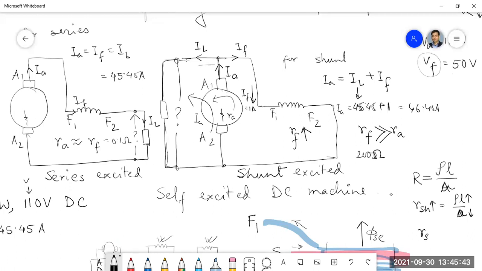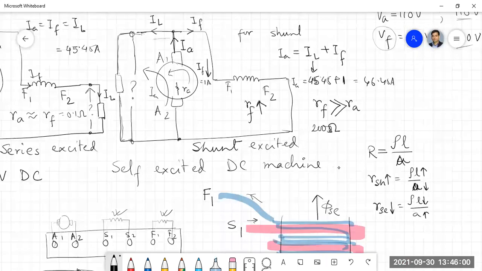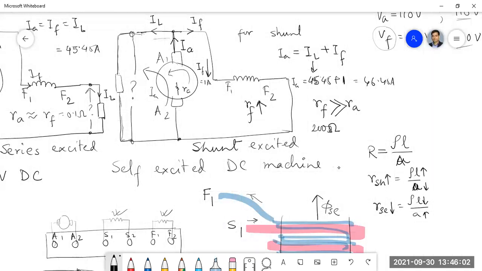And for series, to make it low, the length should be low and the area should be high. The area anyway should be high, because if the area is low, then it could not carry the huge current, 45.5 ampere.